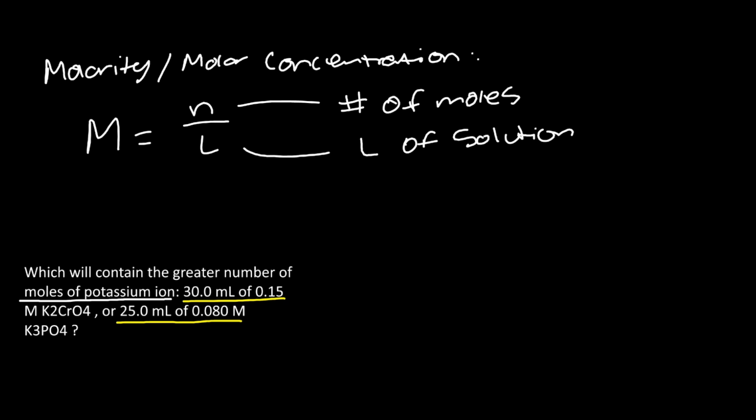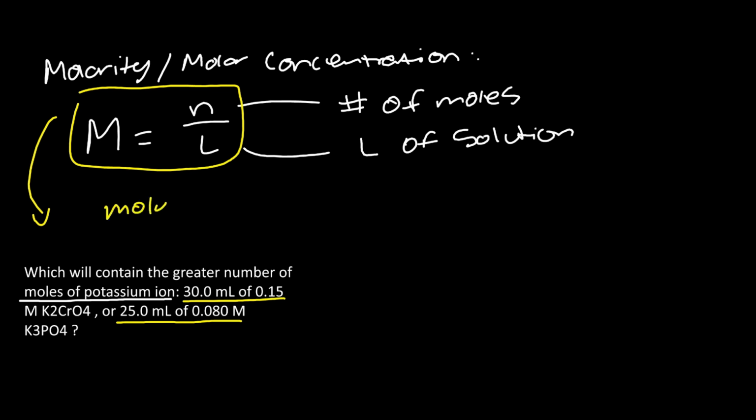Let's first start with applying this equation to this problem over here. For the first one, we're trying to find moles of potassium. But to get moles of potassium, we first have to go from moles of K2CrO4 to moles of potassium.